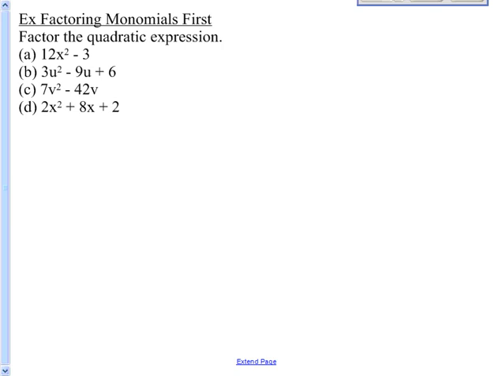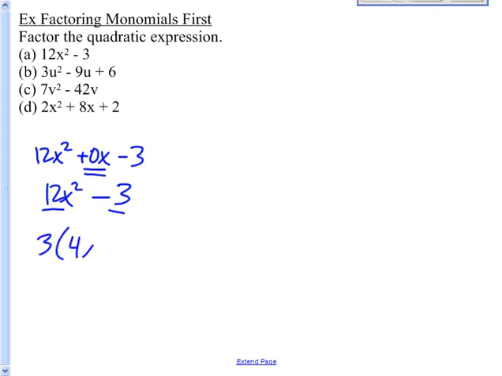All right, we got some more factoring here. 12x squared minus 3. Let's do this one first. 12x squared minus 3. And notice that there's no 0x term, right? So this is all we're factoring. So I'm still looking at, can I take something out of each of those? Sure, I can take a 3 out and I can simplify this. 4x squared minus 1. Notice if I distributed the 3 back, I'd still have 12x squared minus 3. Okay, now I factor this thing.